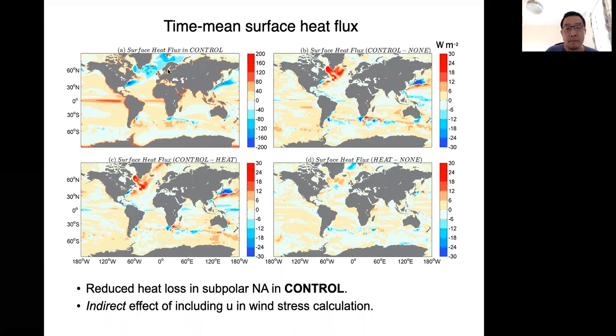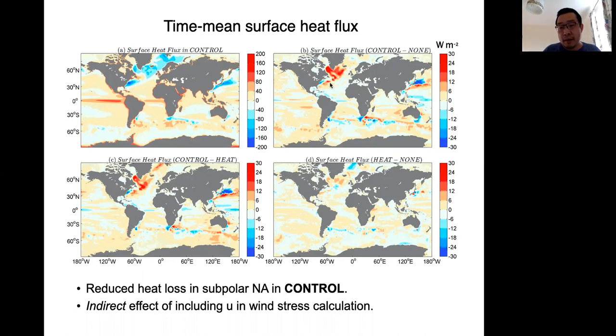As in other models, the model ocean gains heat at low latitude and then loses heat primarily in the western boundary current regions and also in the subpolar North Atlantic. Okay. And panel B shows the difference in surface heat flux between control and none, so control minus none. There are a few outstanding features. First, there are dipole patterns in the western boundary current region.